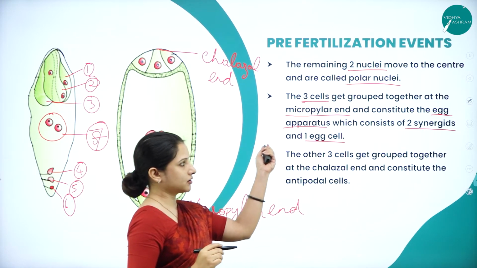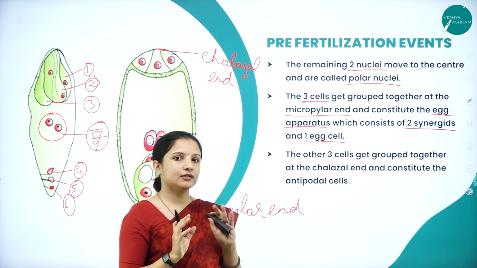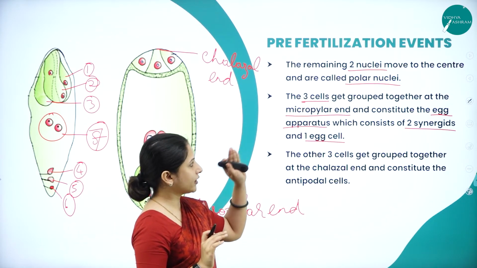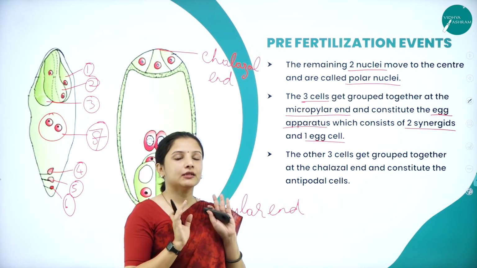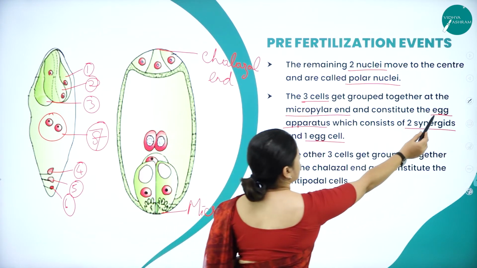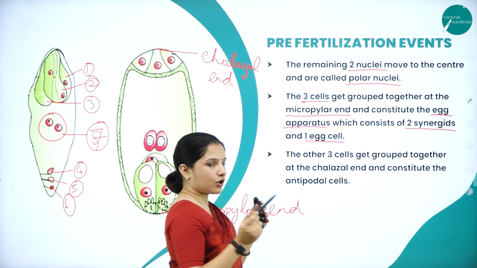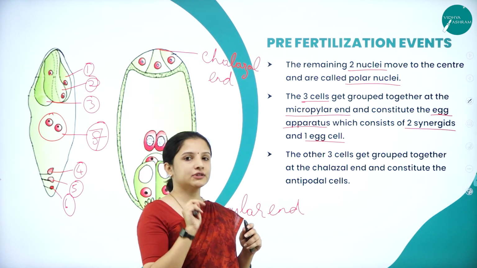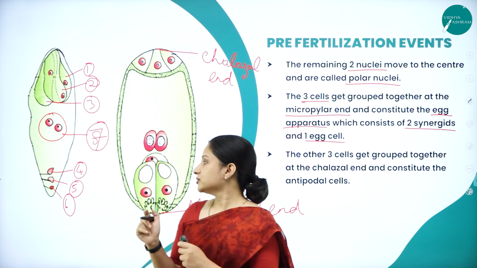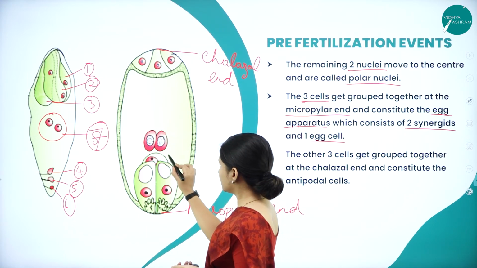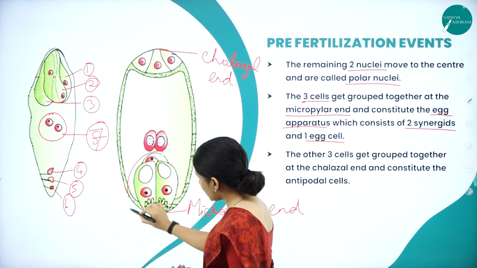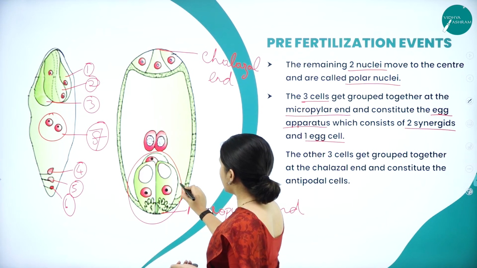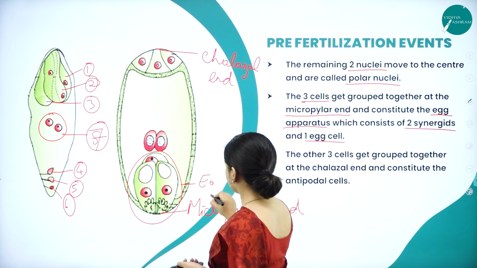Together, the 3 cells at the micropylar end are called the egg apparatus. What is there in the egg apparatus? It consists of 2 synergids and 1 egg cell. So overall, you can call this the egg apparatus.